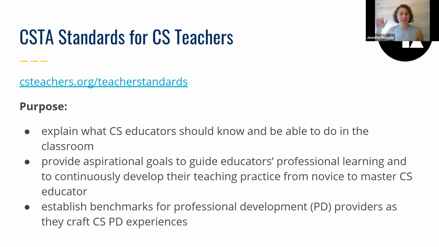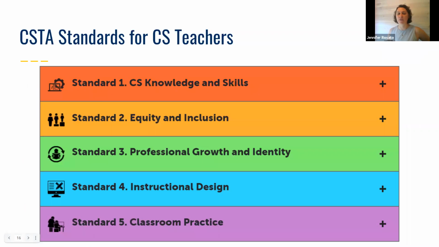It really helped clarify my thinking around what I am doing and where I could be improving. It's also helpful for folks providing professional development to think about where they are providing opportunities for people to practice and develop these ideas.